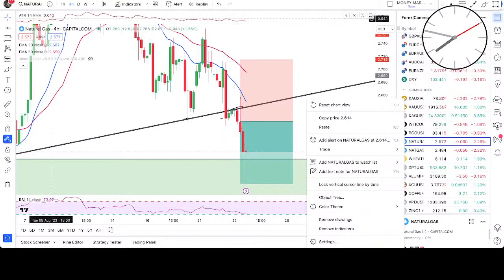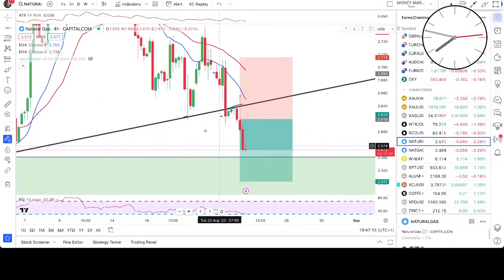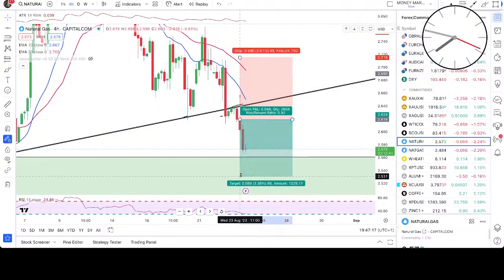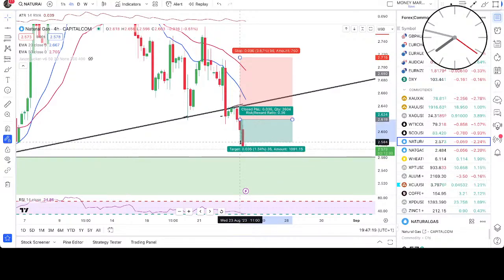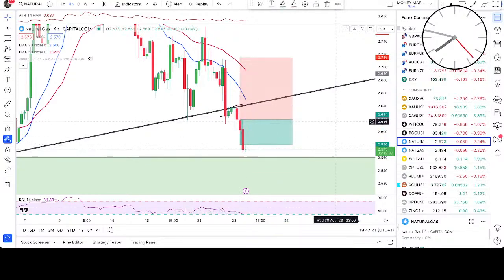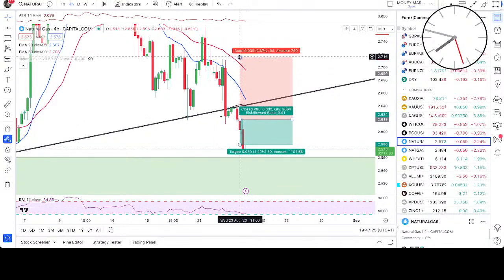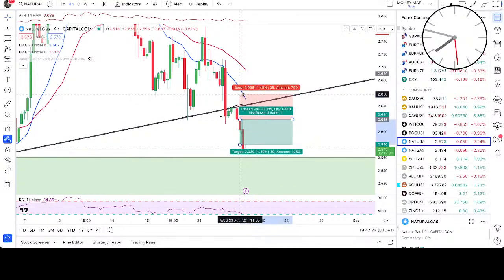The number you see here is 3, or you can call it 3.9. So 3.9, you can add your ATR, which is this. So exactly 1 ATR right here, 3.9, and you can keep your stop loss exactly like this. And as you can see, the target has been hit. So that is how you can calculate your ATRs.